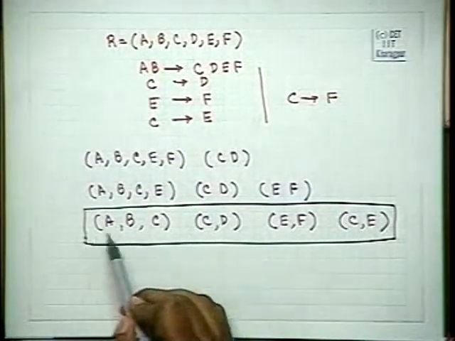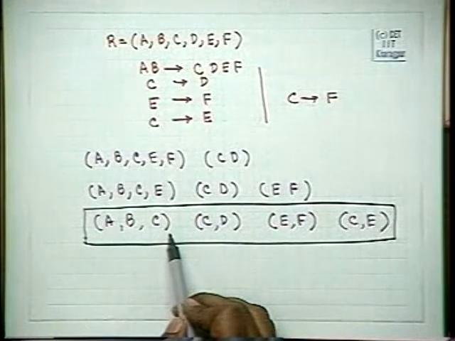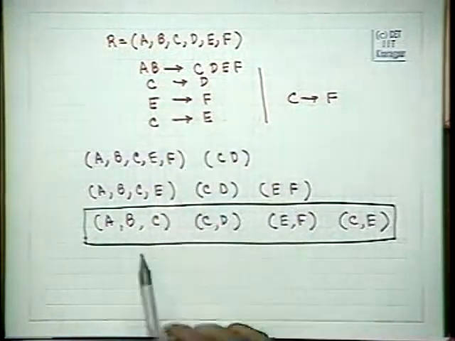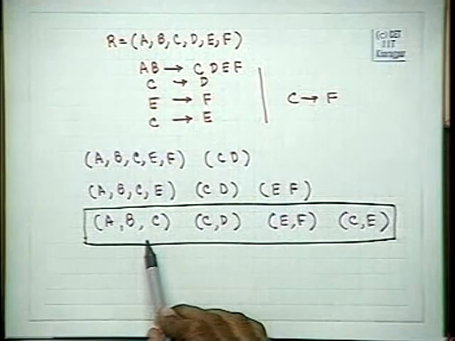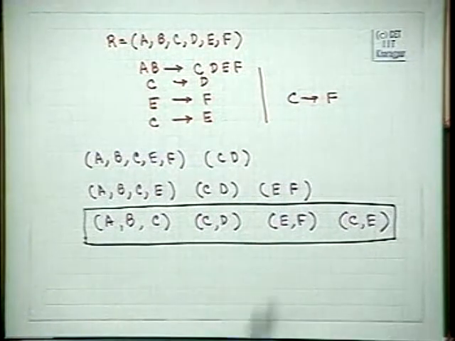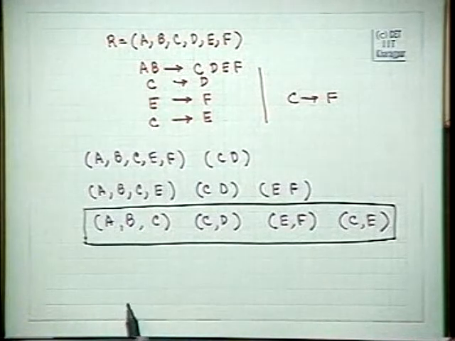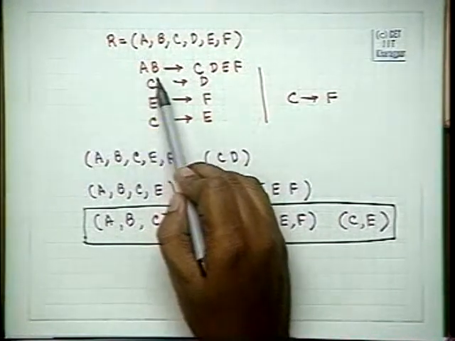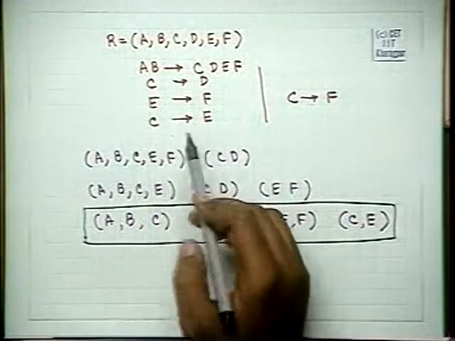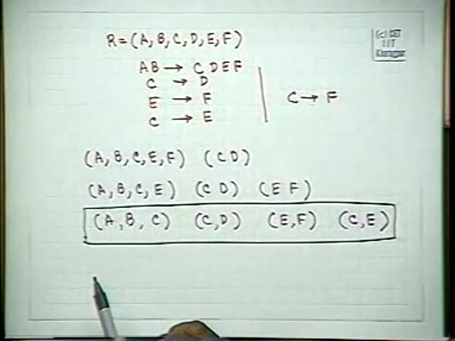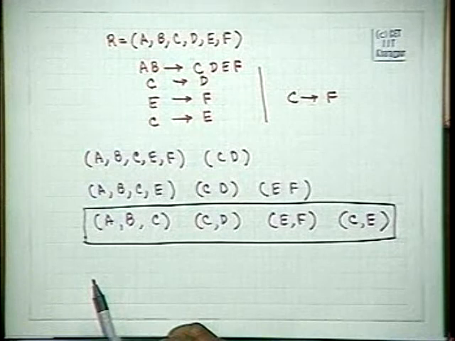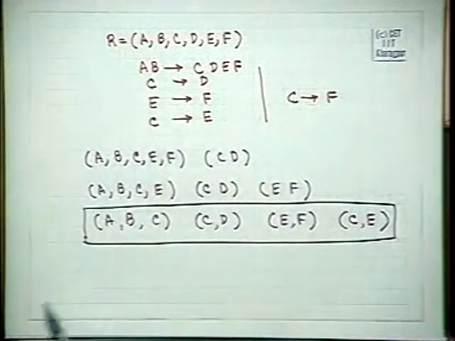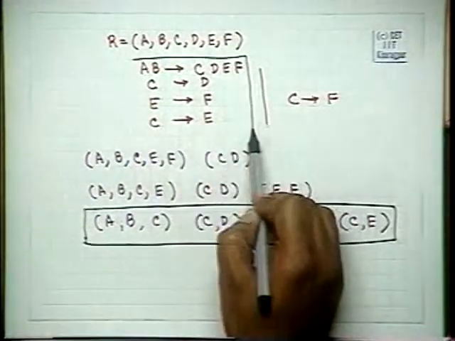This is a lossless join decomposition, and in this particular case, it is also not a dependency preserving decomposition, if you note, because AB, no, I am sorry, it is a dependency preserving decomposition in some sense. If you see very carefully, this is not the canonical form.